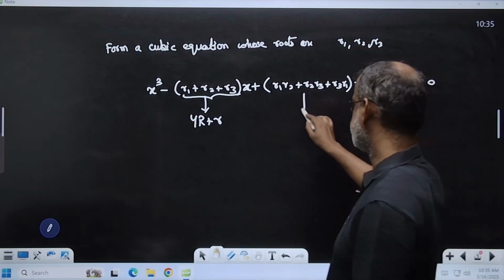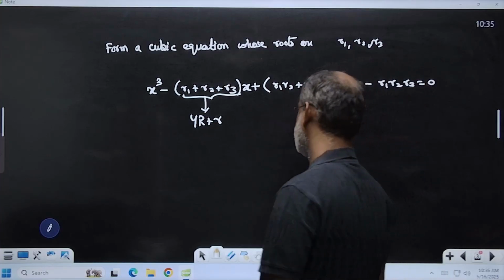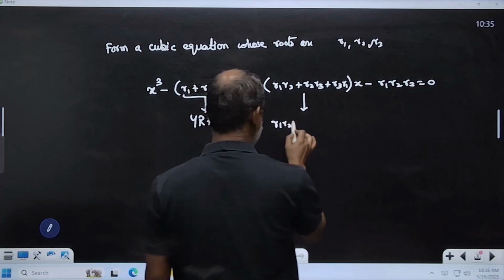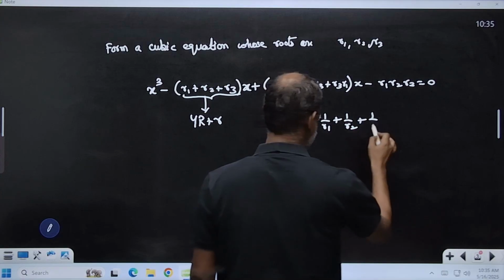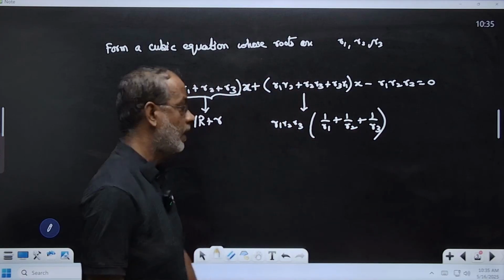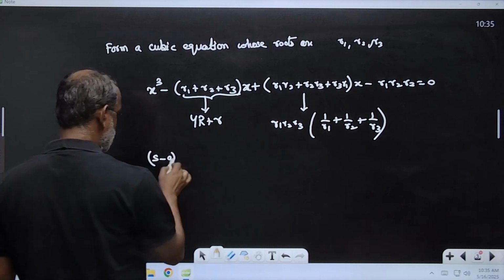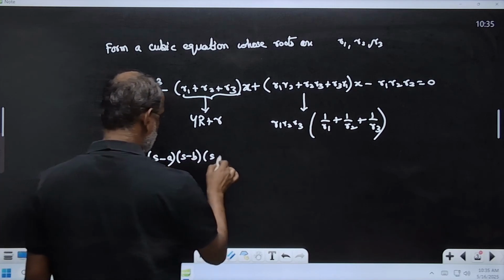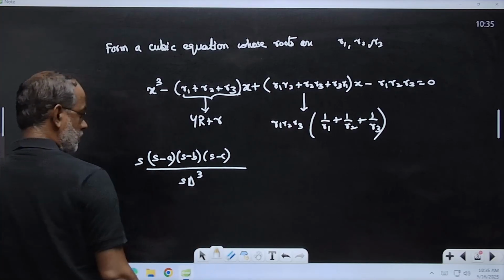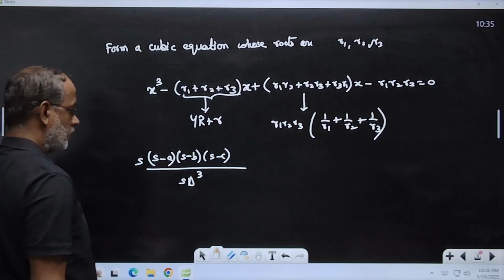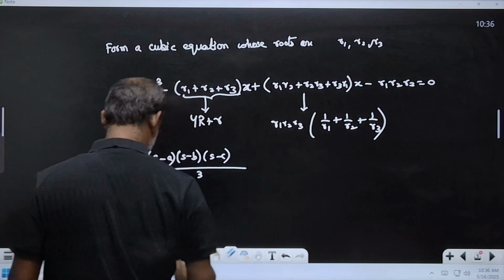If you remember, here we can use r1 r2 r3 into 1 by r1 plus 1 by r2 plus 1 by r3, which is 1 by r. So, r1 r2 r3 you can say is (s minus a)(s minus b)(s minus c) upon delta cube. Sorry, I wrote it just the other way around.